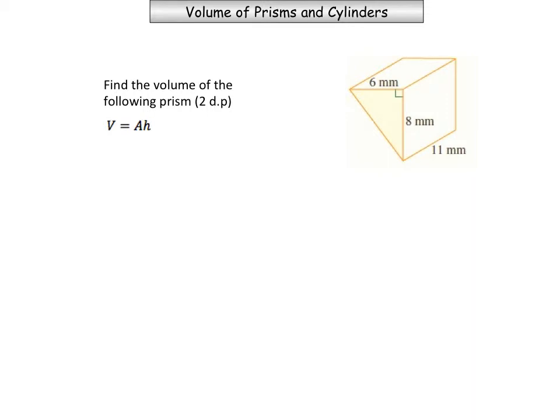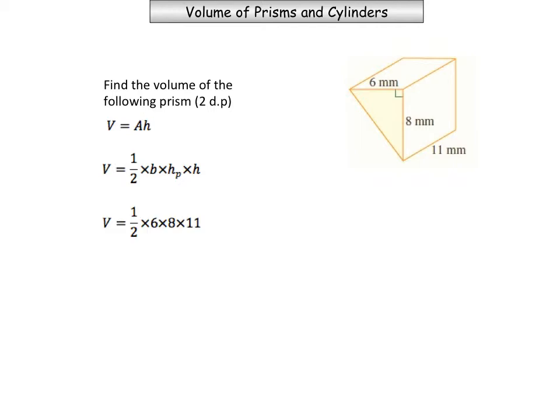So, to find the volume of the following prism, correct to 2 decimal places. We've got volume is area times the height, so we need to find the area. Now this is a triangular prism, so we need to find the area of the triangular face. So it's a half times the base times the perpendicular height, multiplied by the height of the prism.